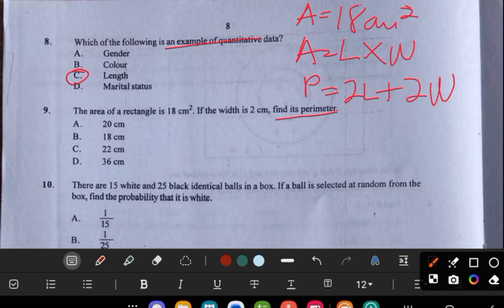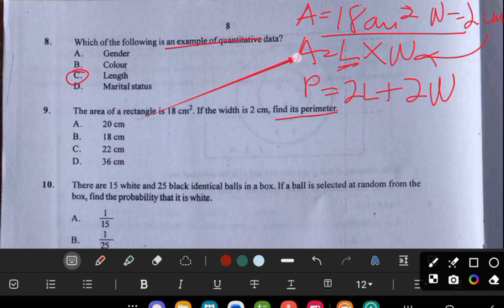Now, what information do we have? The information we have is the area, and we also have the width to be what? 2 centimeters. So, from the information we have here, we can find the length when we substitute the information into this.